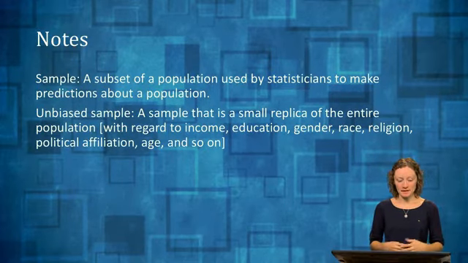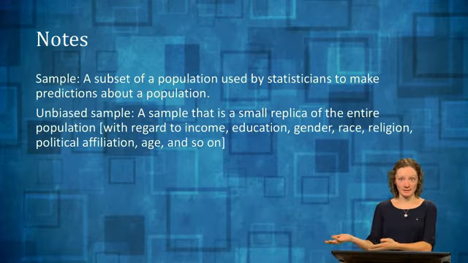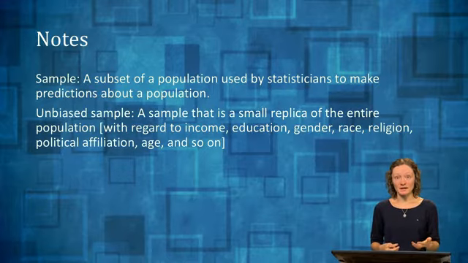So that's the first thing to keep in mind, is that whenever data is collected in order to be analyzed and then presented, we don't necessarily know if the population that was sampled is a good representation of the population that we're trying to talk about.